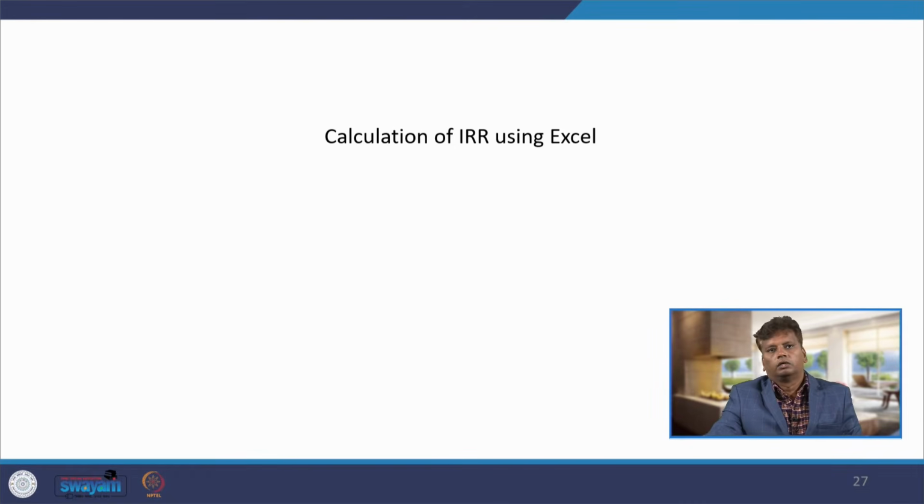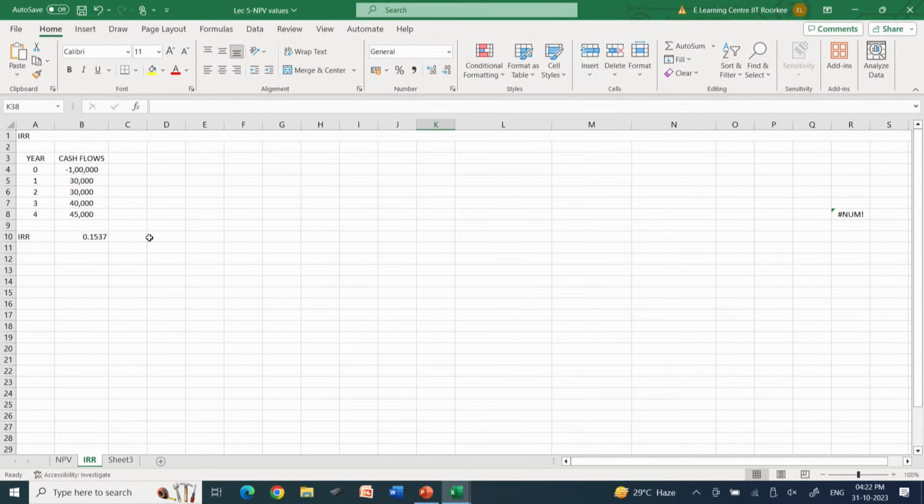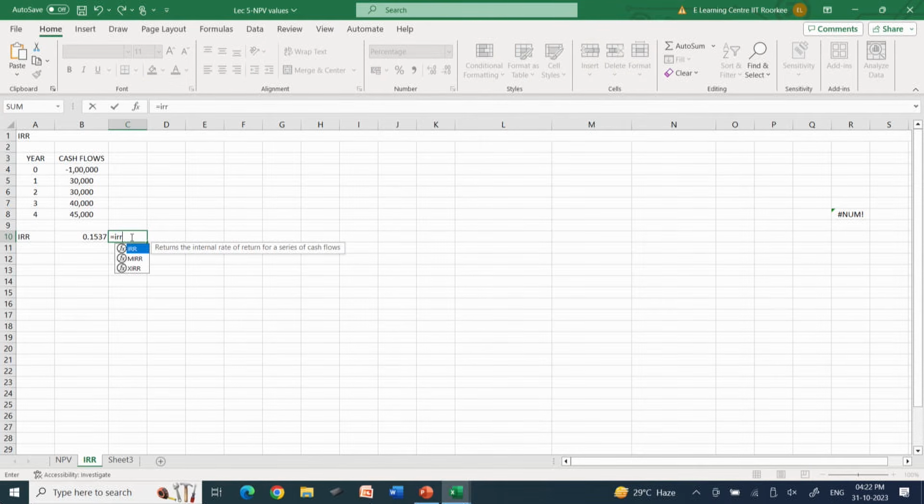Now, I am going to explain with the help of Excel how to find out the internal rate of return. Already I have calculated 15.37%, but I am going to redo it for your understanding. So, equal to IRR, internal rate of return. Select all the values from the 0 onwards.